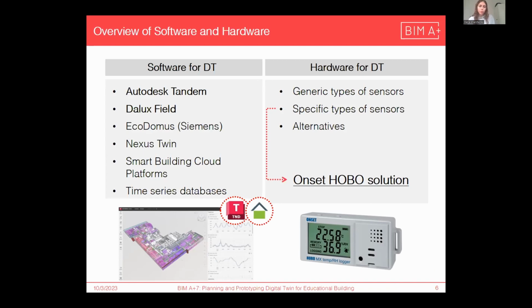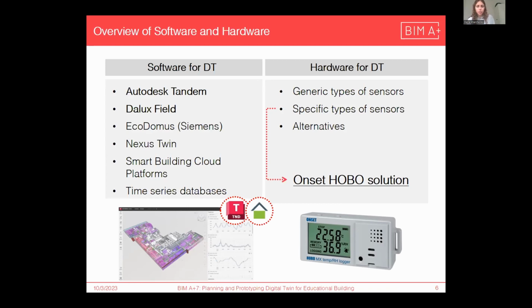I chose for next steps Autodesk Tandem and Dalux Field. Dalux Field was proposed by my supervisor, and Tandem is well known in the market, and I decided that I want to test it and implement my solution with its help.